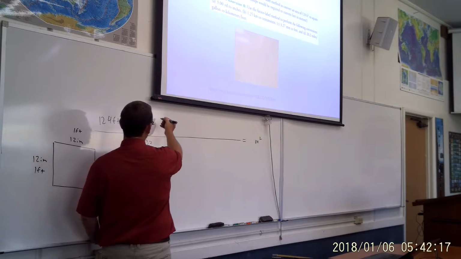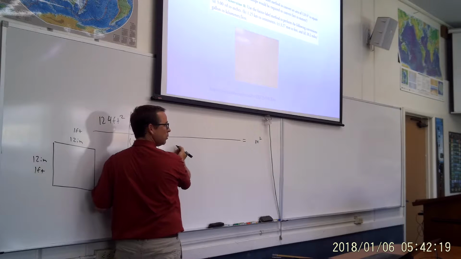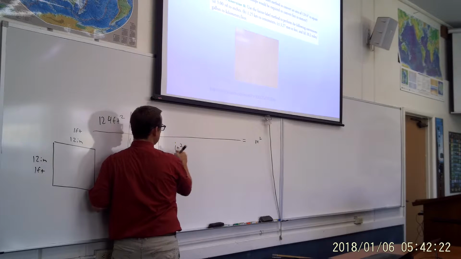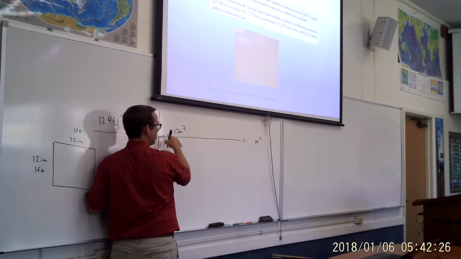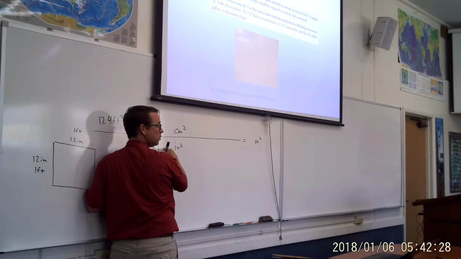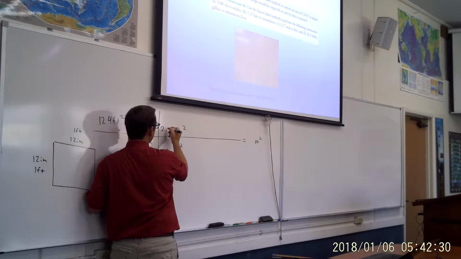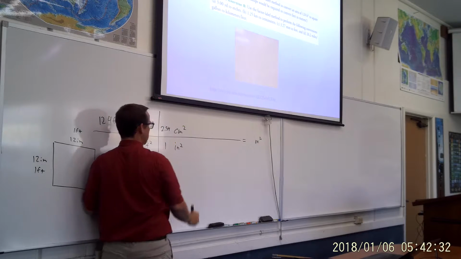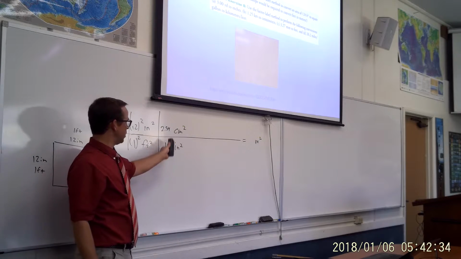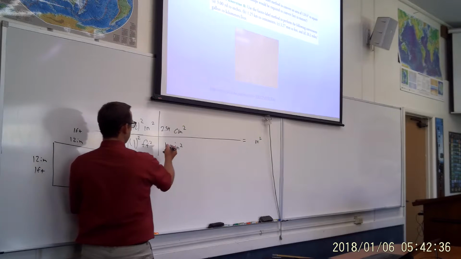So we're in inches squared now. So what's going to go down here? Inches squared, let's go to what? Centimeters squared. What's the number for inches to centimeters? 2.54 and 1 inch. And what did we say we're going to have to do with these? Square them both.